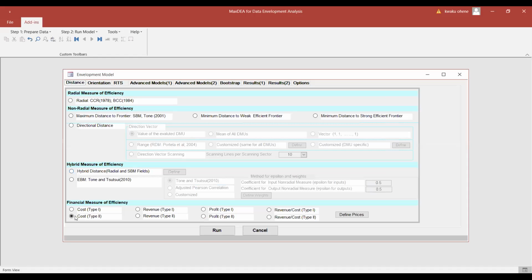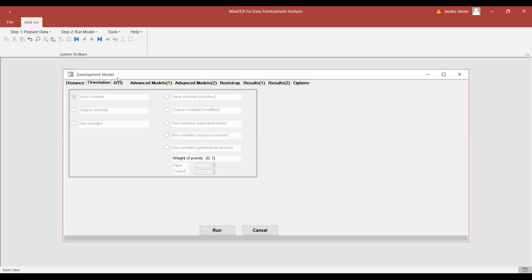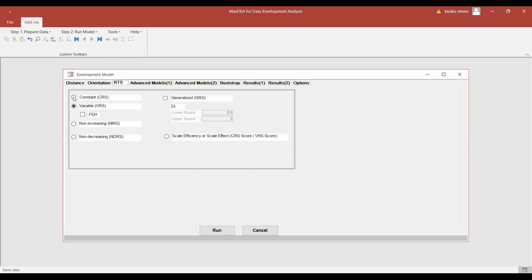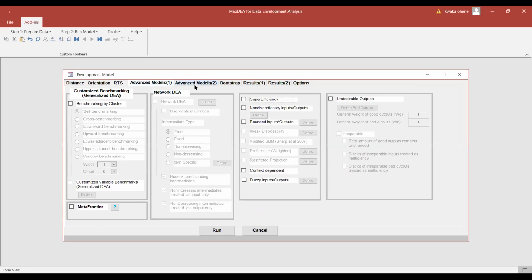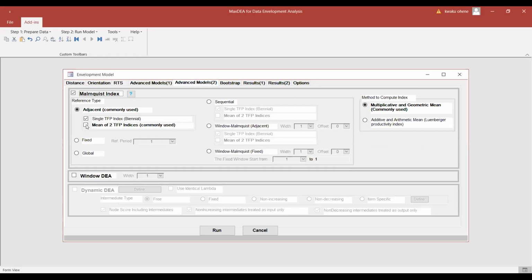So this is a cost type you choose. This cost type at the bottom is the one that should be selected all the time. Then the orientation has been done already, it is input oriented. For returns to scale, I'm going to make it constant returns to scale. And under the advanced models, I'm going to use the normal Malmquist. I'm not using a binary, I'm using the normal Malmquist. Now I'm going to estimate the results and then show you something.